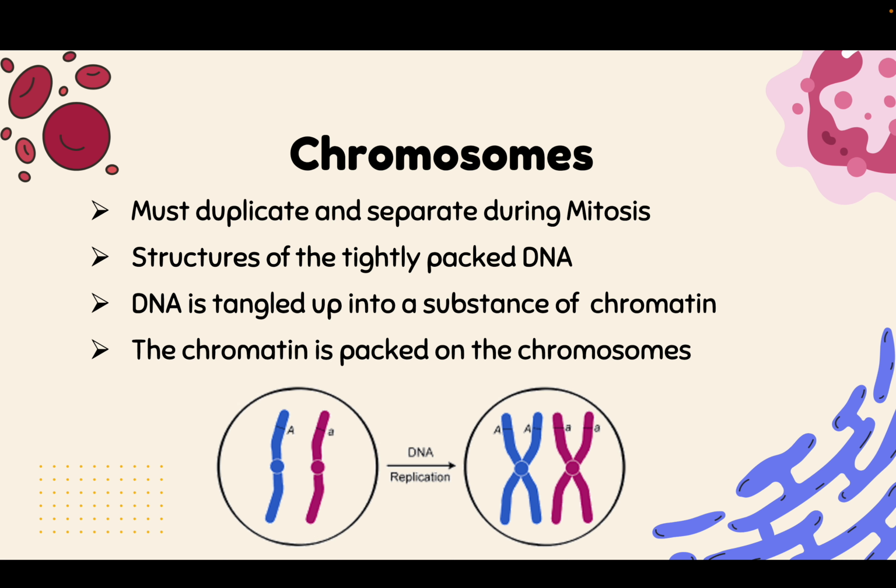So we represent the chromosomes with figures that look like the letter X, right? After DNA replication, you can expect them to appear like this. So a single strand will later on become two strands after DNA is replicated or synthesized.